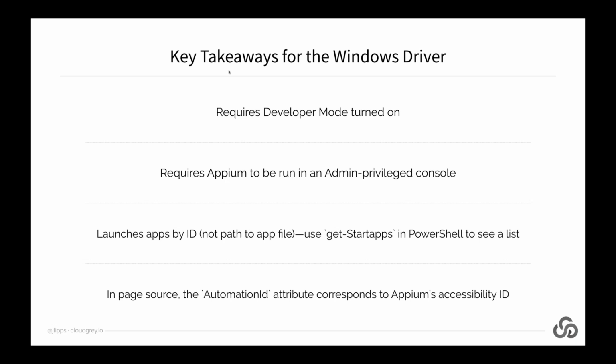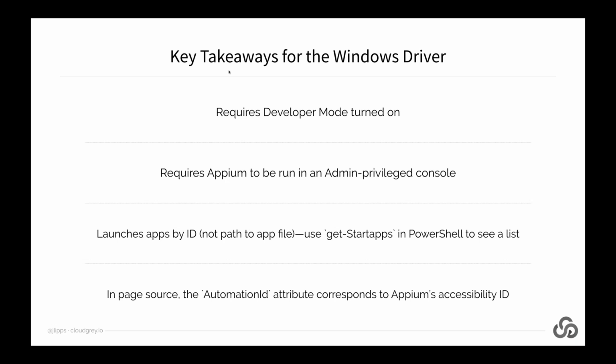The way that you launch applications with the Windows driver is by an application ID. Usually with Appium, you pass a path to the application on disk, but this doesn't work for the Windows driver. Instead, every application that's installed and registered with the system has a particular ID. These IDs can look pretty crazy. They're unique ID type things.